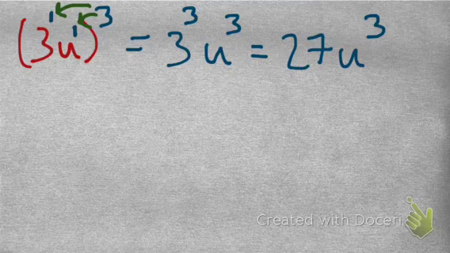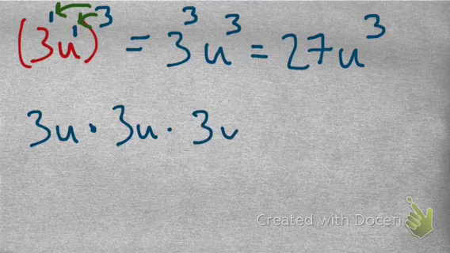Now let's check it if we did it the other way. If I wrote out 3 copies of 3u and multiplied them together, would we get the same thing?